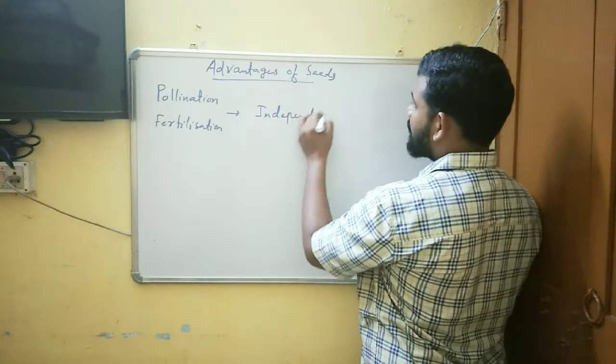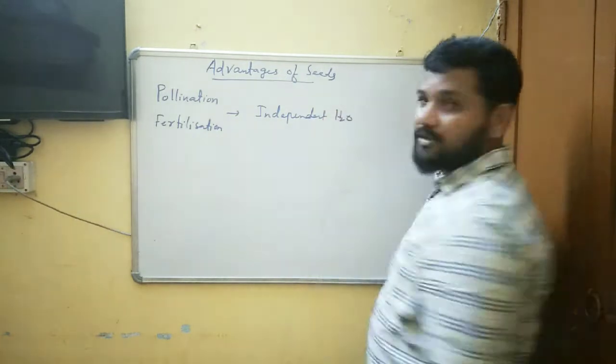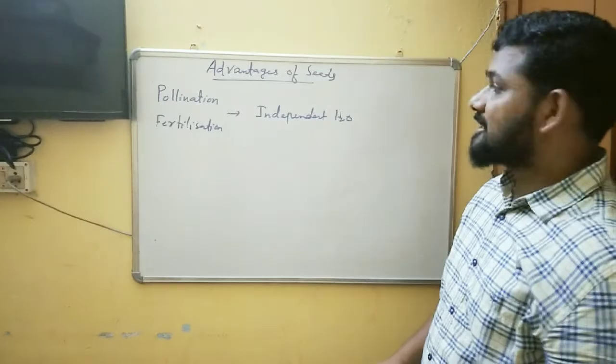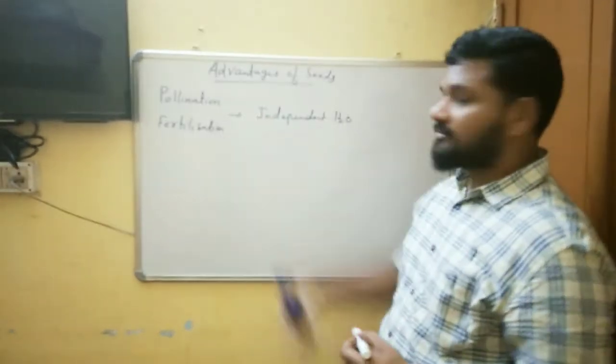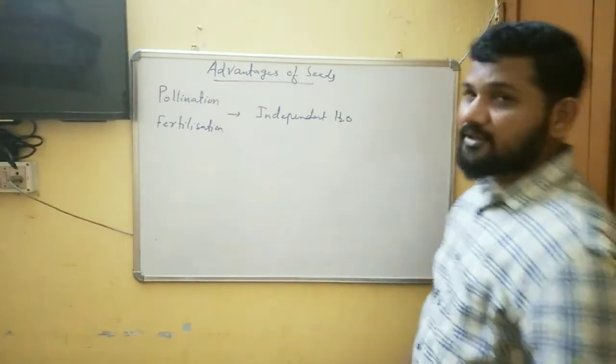So water is not required. But if you observe algae, bryophytes and pteridophytes, fertilization requires water. But in seeded plants, these two events, pollination and fertilization, both are independent of water.